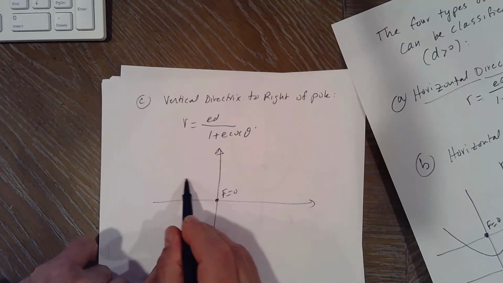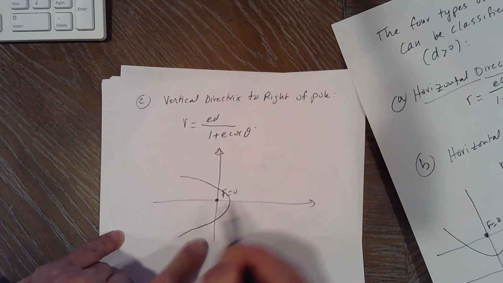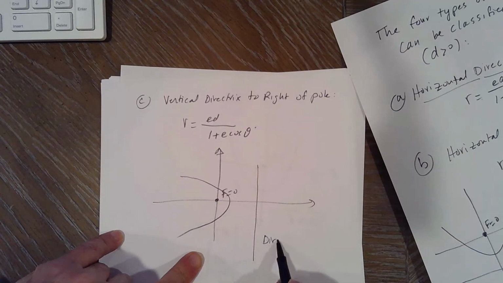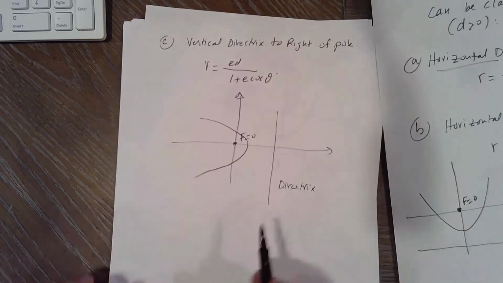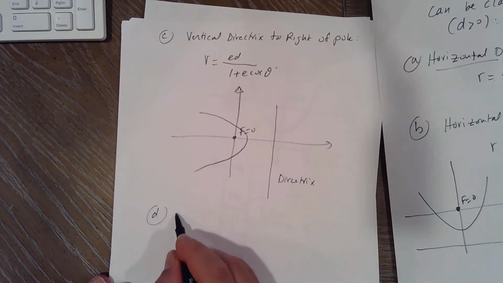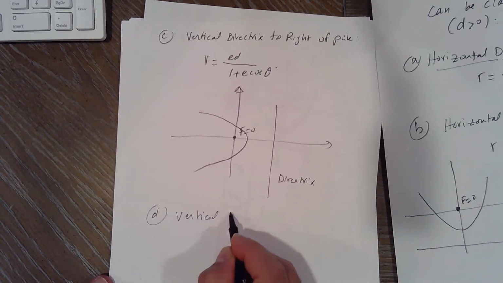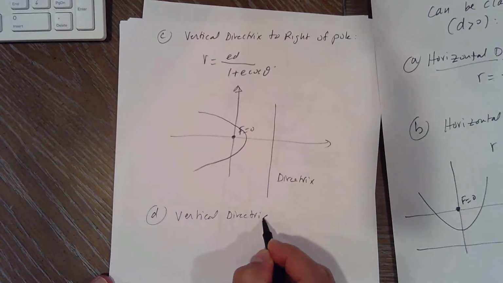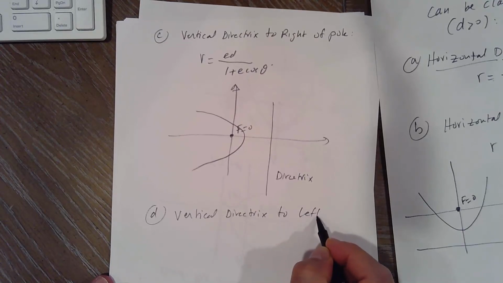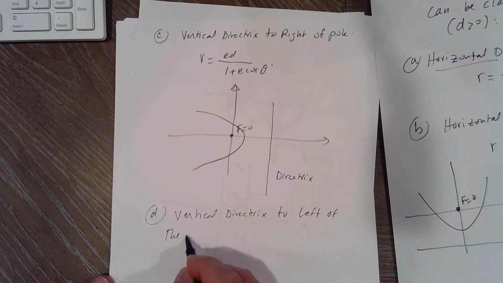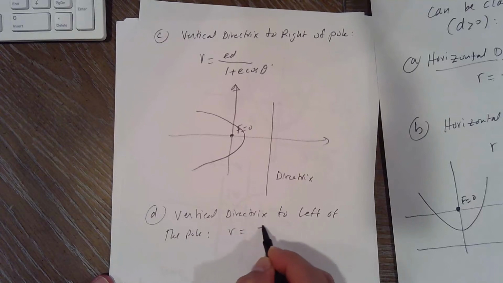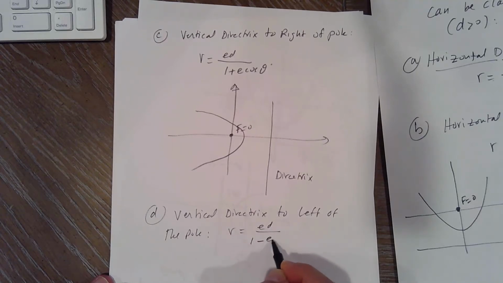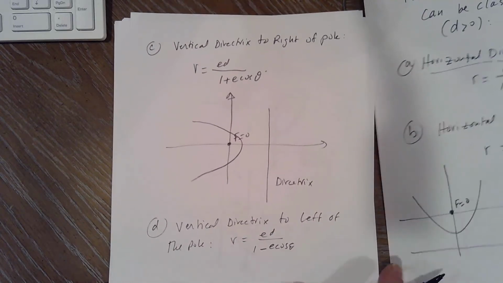And if you have a vertical directrix to the left of the pole, then r equals ed over 1 minus e cosine theta. Okay, and all these are in the book.